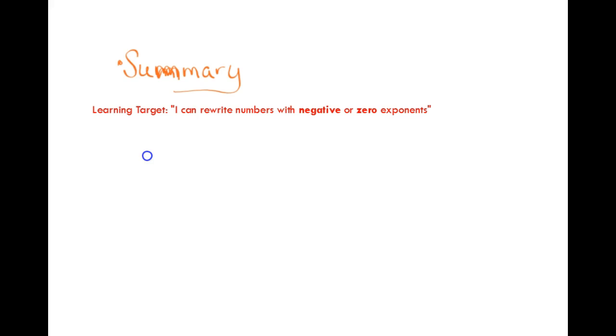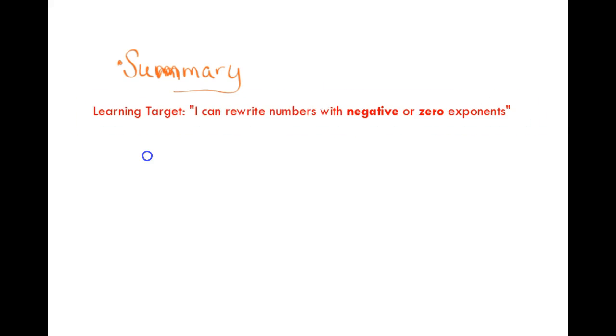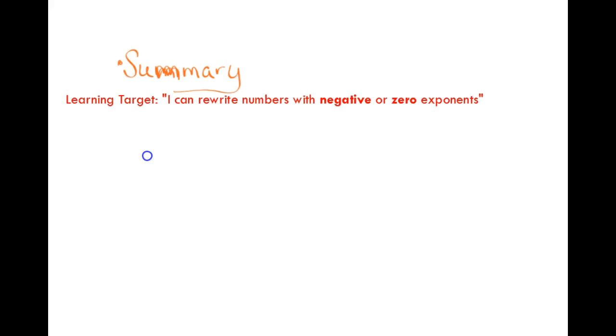The learning target was, I can rewrite numbers with negative or 0 exponents. So the first question you should ask yourself is, can I do that? I said I can when I wrote the notes. So when I'm done with the notes, can I do that? Is that something I can do? And if the answer is yes, you should be able to tell me how to do it, or tell your friend how to do it.